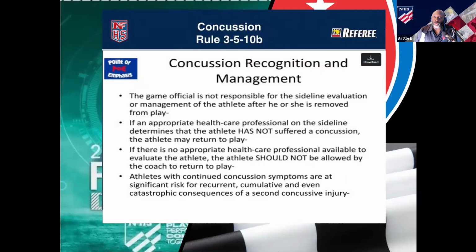In other words, we don't say, oh, he can't come in. We don't evaluate players. We recognize the symptoms, we set them off, but it's not our job to evaluate the player if they have a concussion or not. If an appropriate healthcare professional on the sideline determines that the athlete has not suffered a concussion, the athlete may return.